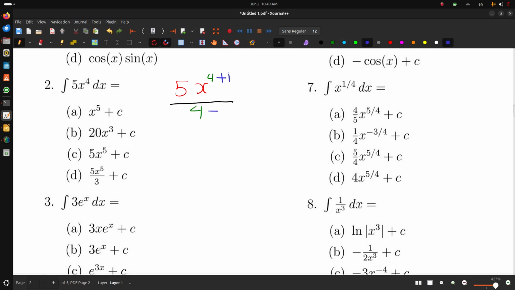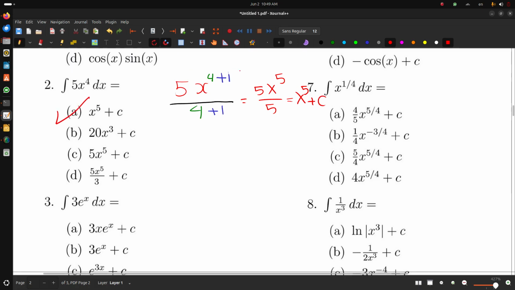So it will be 5x power 4 plus 1 over 4 plus 1, and you just need to simplify and calculate the number. So it will be 5x power 5 over 5, and 5 divided by 5 is equal to 1, so it will be x power 5, and don't forget plus c. So the answer will be letter A.